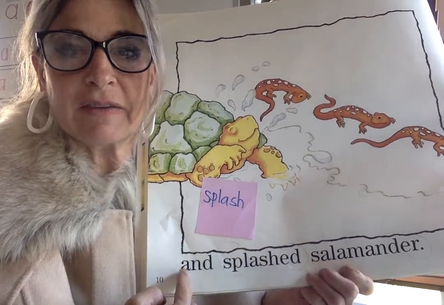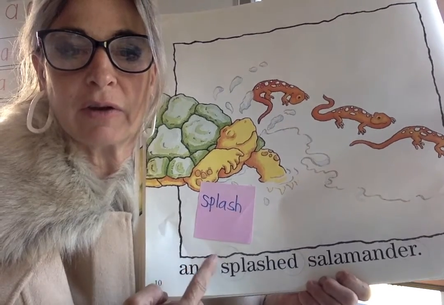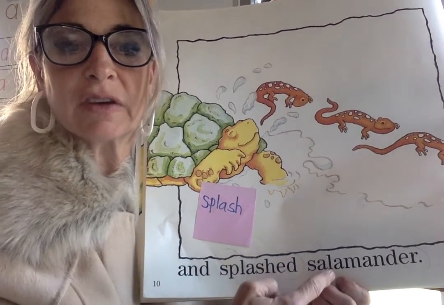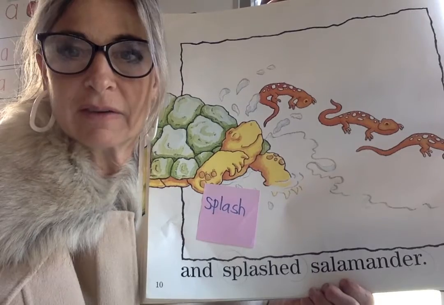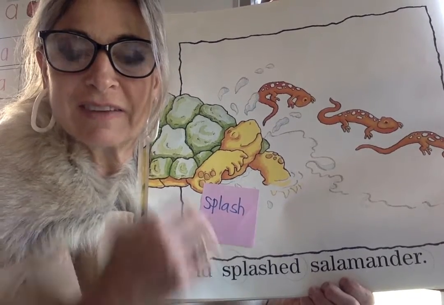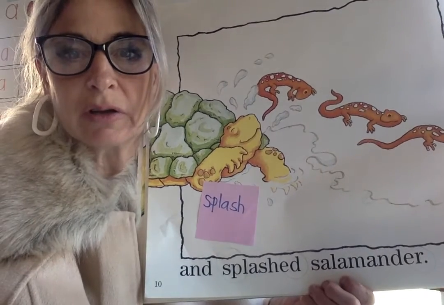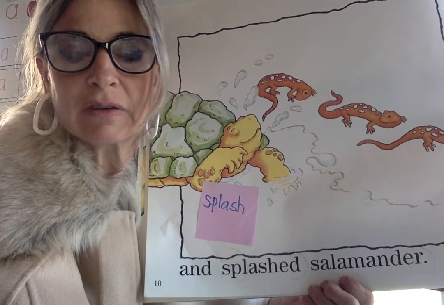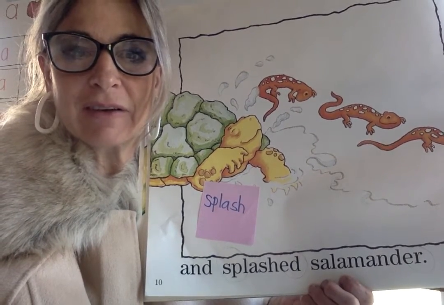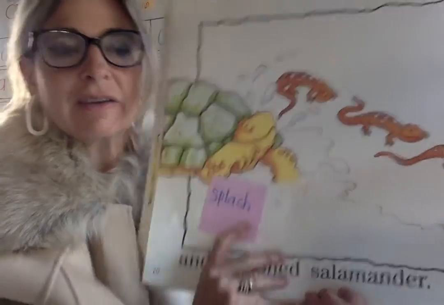Let's read the sentence and see how we talk. Let's do it a little quicker. And splashed salamander. Splashed. Has a T sound, doesn't it? I don't say splashd. Splashed salamander. I read how I talk. Perfect.